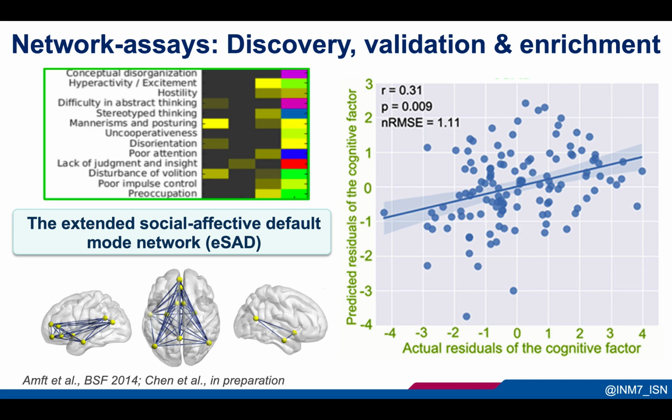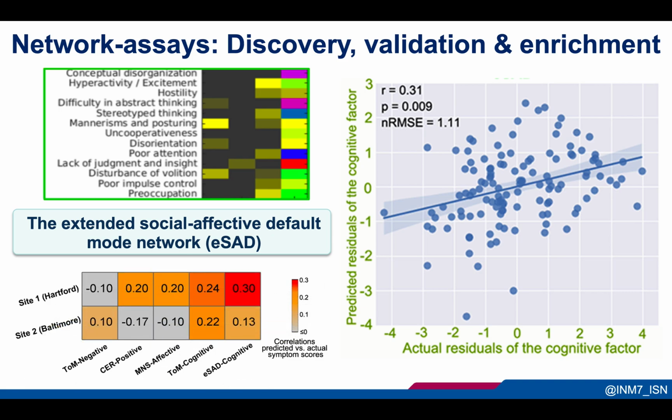And there we could show that, for example, this association between the extended social affective default network and cognitive symptoms did generalize. It was one of the very few predictive models that generalized to a completely new independent data set. Last but not least, so here's the data.